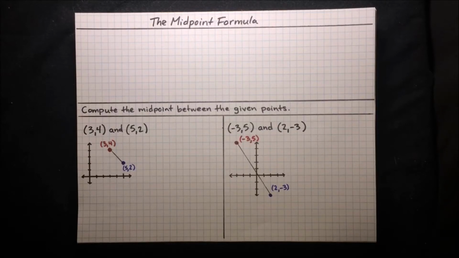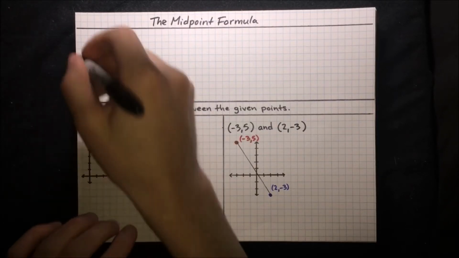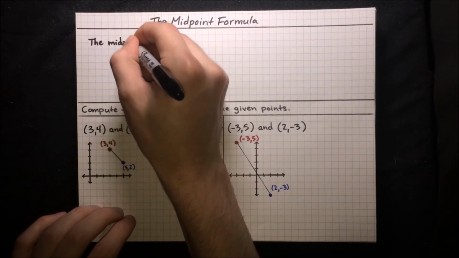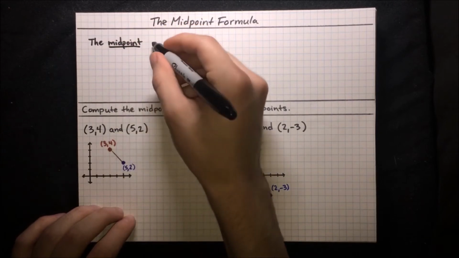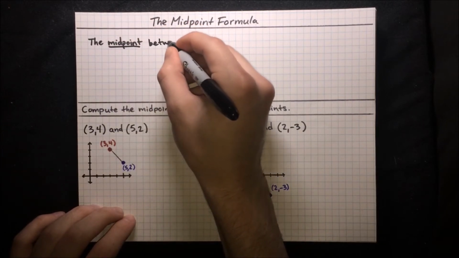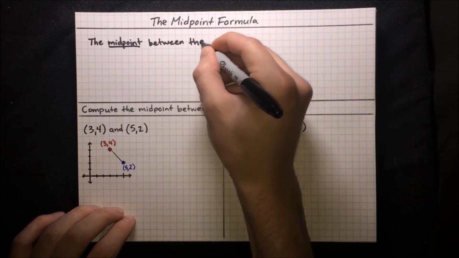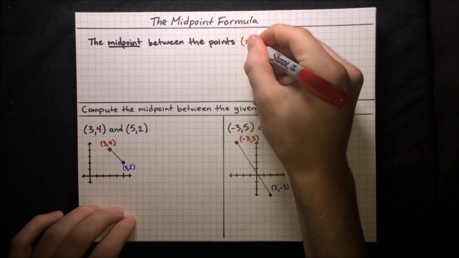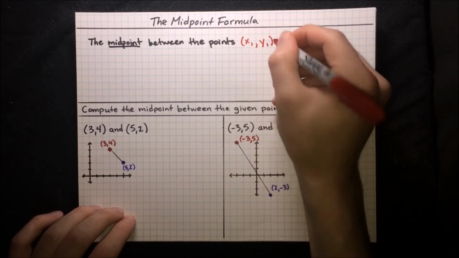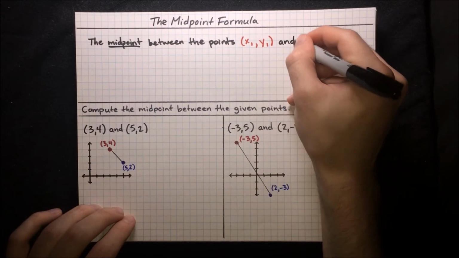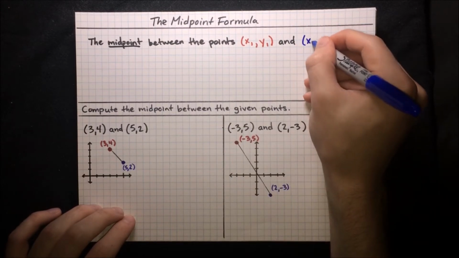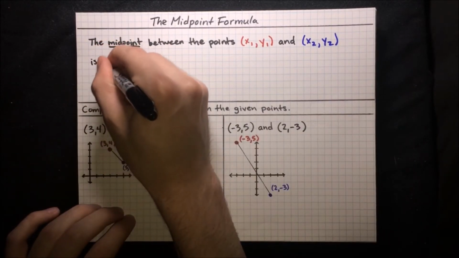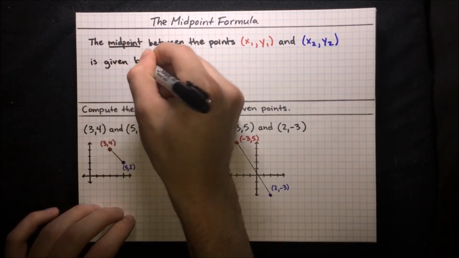In this video, we're going to learn about the midpoint formula. So here it is. The midpoint between the points (x1, y1) and (x2, y2) is given by this formula.